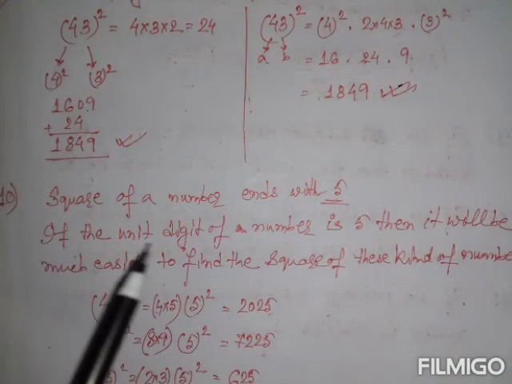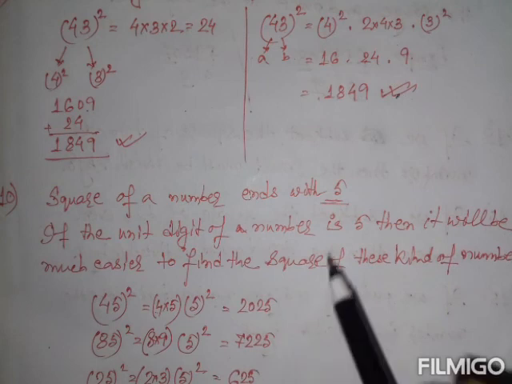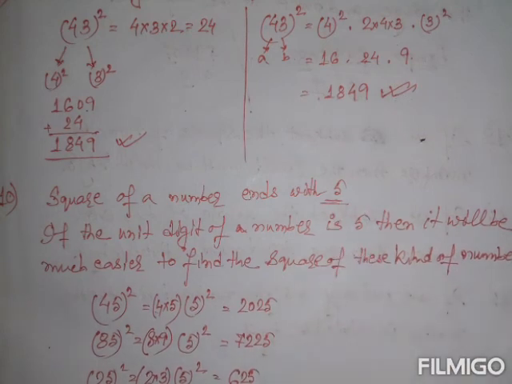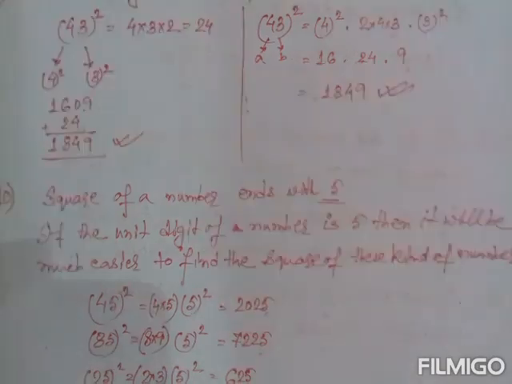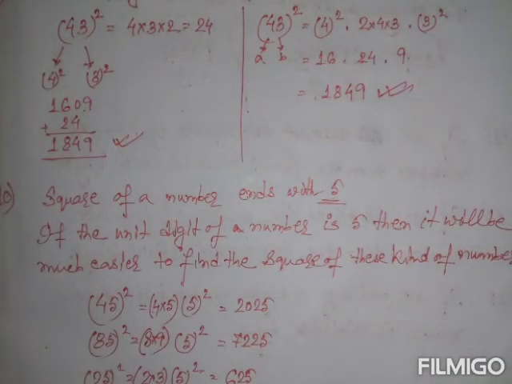Now the square of a number that ends with 5. If the unit digit of a number is 5, then it will be much easier for us to find the square of this kind of number. Okay. Now 45 whole square.